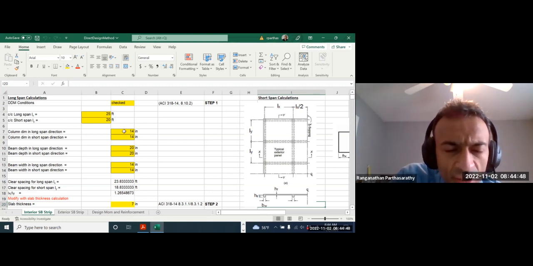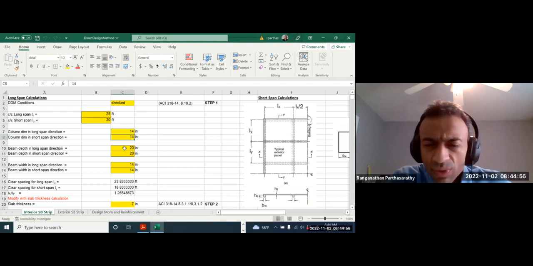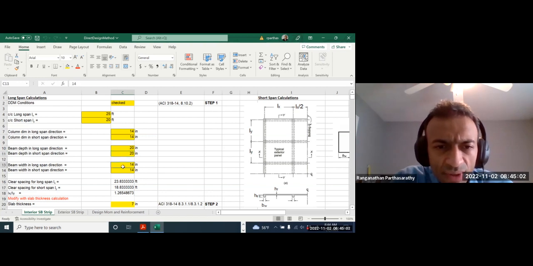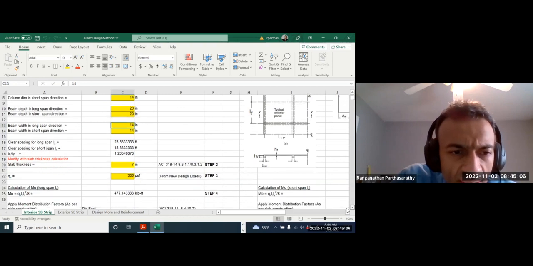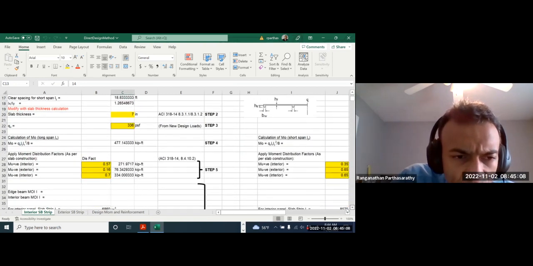So our column size is 14 in long span, 14 in short span. Beam depth is 20 in long span, 20 inches in short span. And beam width is 14 by 14. Now, how do we calculate alpha? Let's see here.